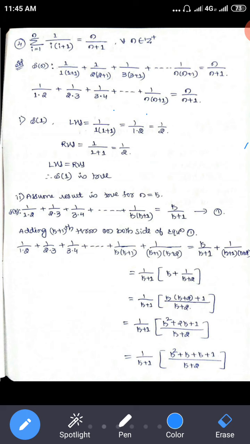Okay, taking the LCM, k into (k plus 2) plus 1, that is 1 upon k plus 1 into (k squared plus 2k plus 1) divided by k plus 2.